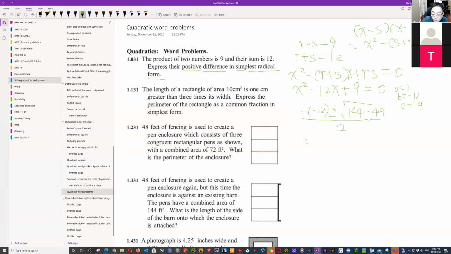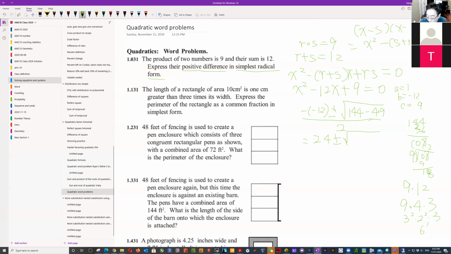So this is 12 plus or minus the square root of 144 minus 36, which is 108. So this one has a radical. 108 divided by 9 is 12, so it is 9 multiplied by 12, which is 9 multiplied by 4 multiplied by 3.